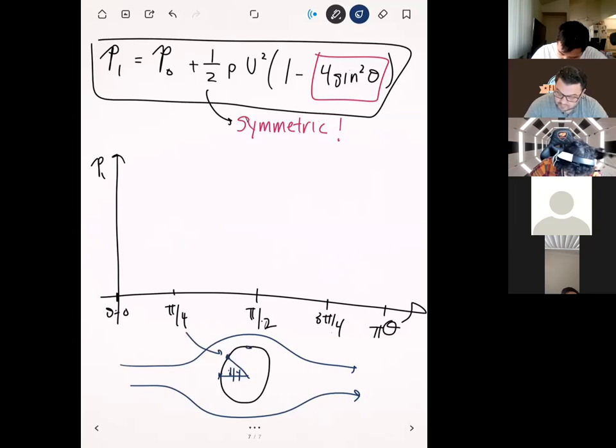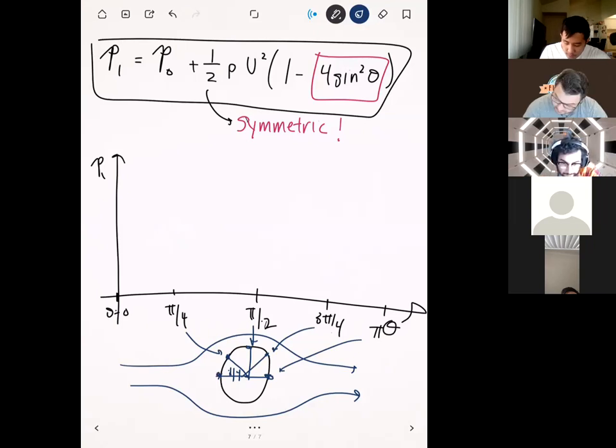Pi over 2 would be this point of the cylinder. Remember, pi over 2 is the top point of the cylinder. 3 pi over 4 would be this one on the back side. And then pi would be once you've made a full half rotation around the cylinder. What we're tracking right here is the pressure as we go from here to here to here to here.